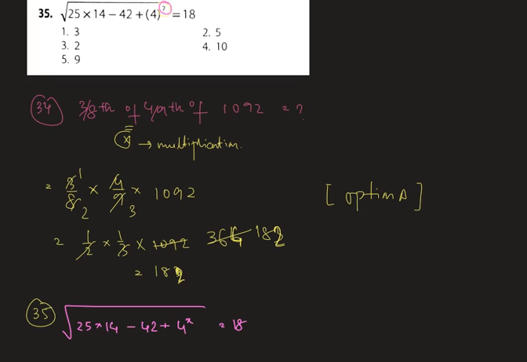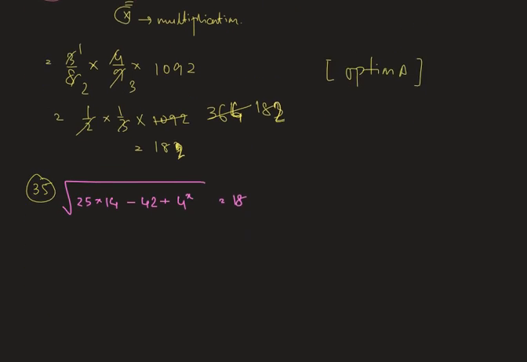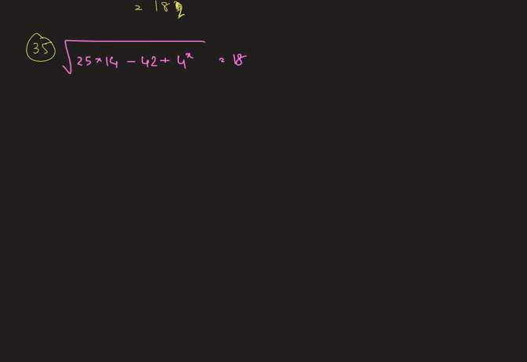We just replaced the question mark by x. Now we have to solve for x. Now 25 multiplied by 14, as we all know the BODMAS rule.